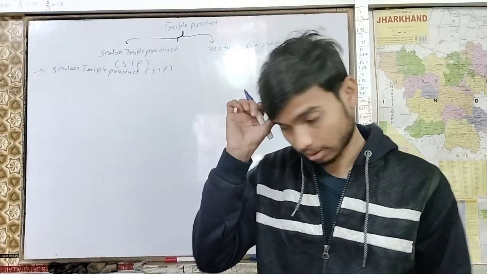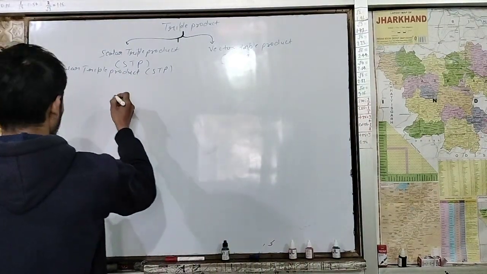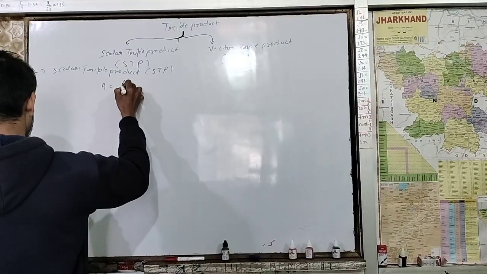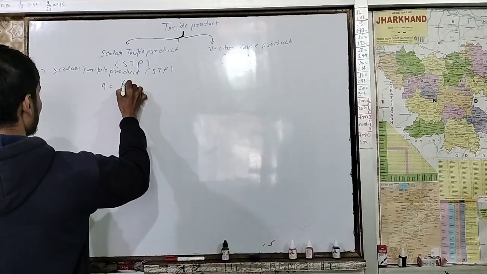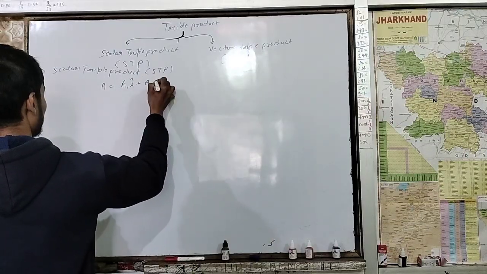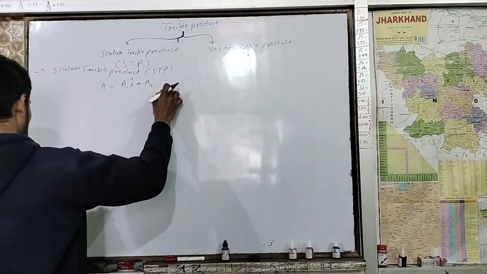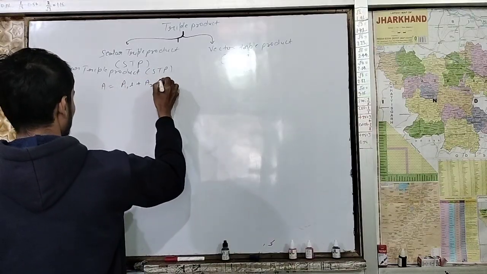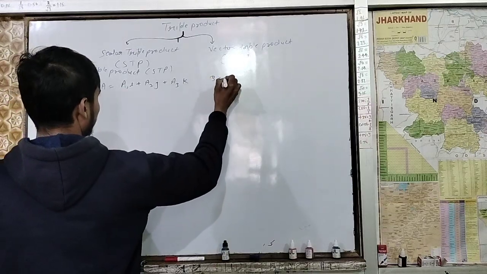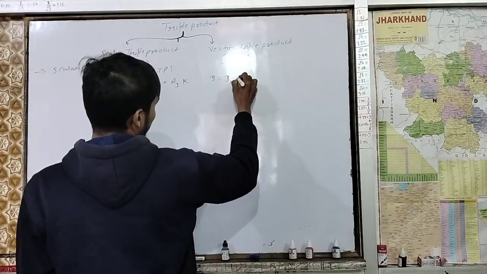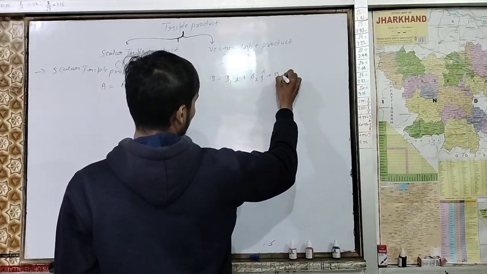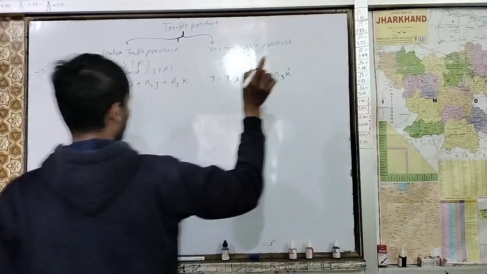Given the vectors, first we have the first vector, a1 i plus a2 j plus a3 k, and b we have b1 i plus b2 j plus b3 k, and c the third vector.